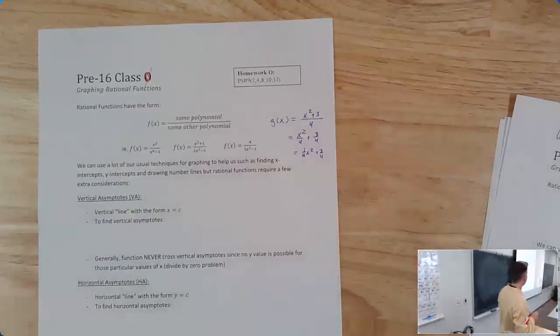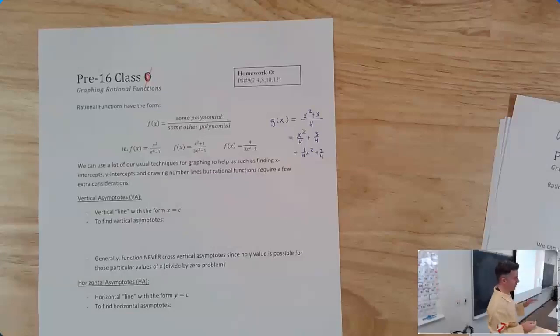That is technically just a polynomial. It's a parabola if we graph it. So if your bottom polynomial has degree 0, then really your thing is a polynomial, not a rational function. But usually we're not going to see examples like that, or if we did, we would just simplify it.